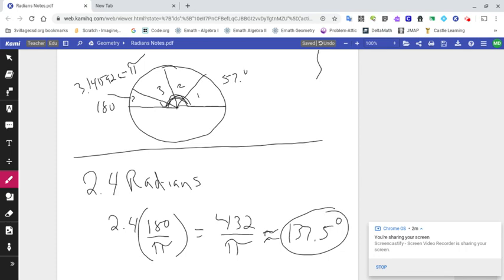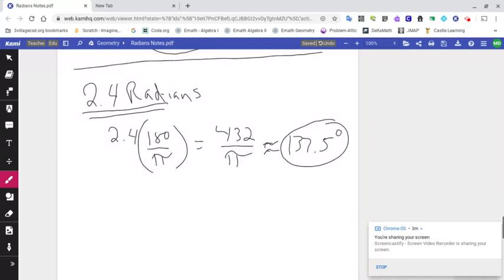So the conversion is exactly the same whether the radians are just a decimal number or in terms of pi. Either way, we're multiplying that number by 180 over pi. So don't be thrown if you're given radians as just a straight number rather than in terms of pi. The conversion is exactly the same.